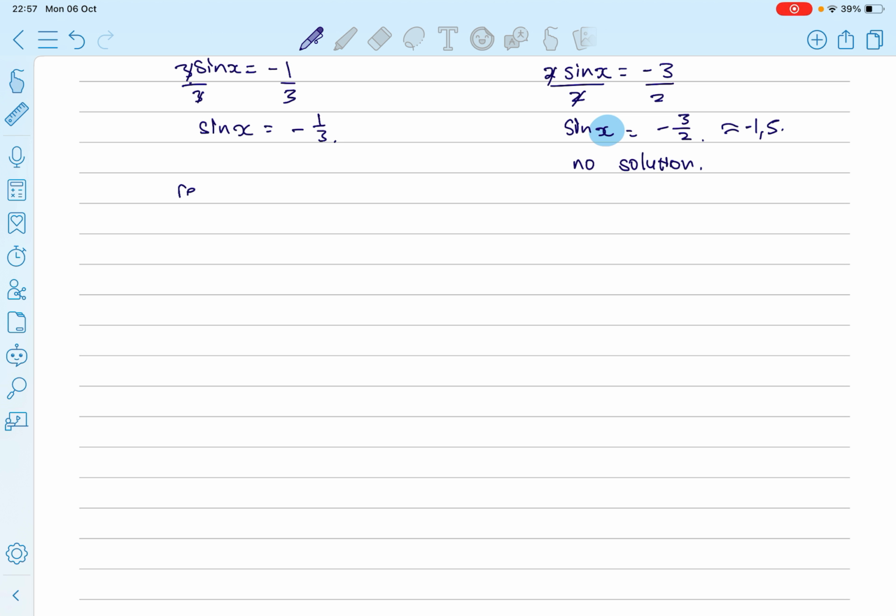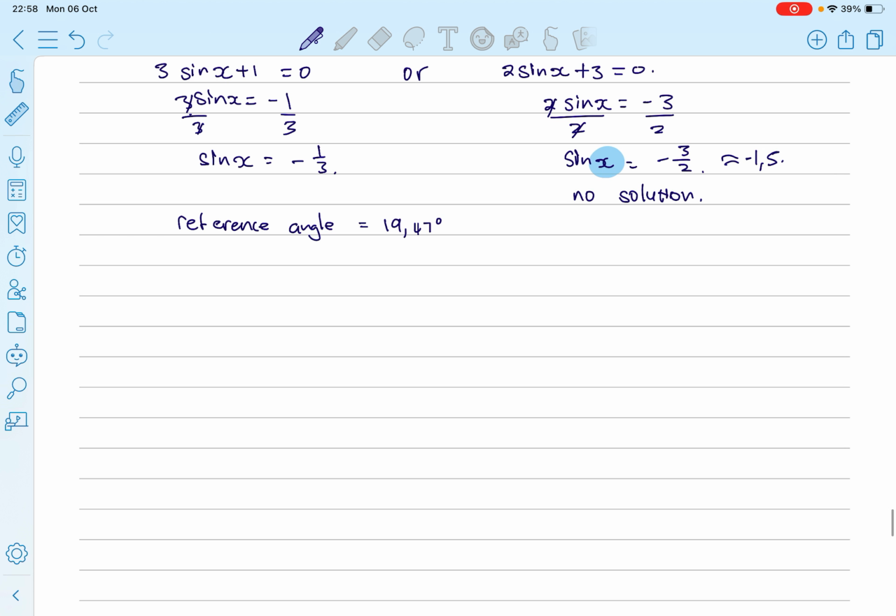So now our reference angle is going to be equal to 19,47 degrees, and we get this by taking shift sine and then putting in 1 over 3.